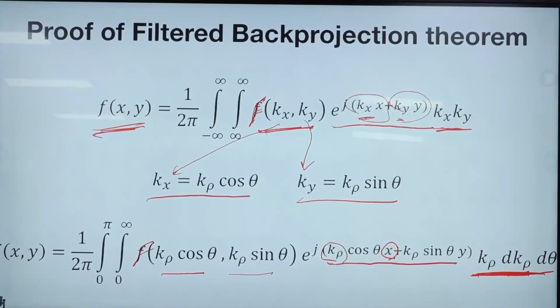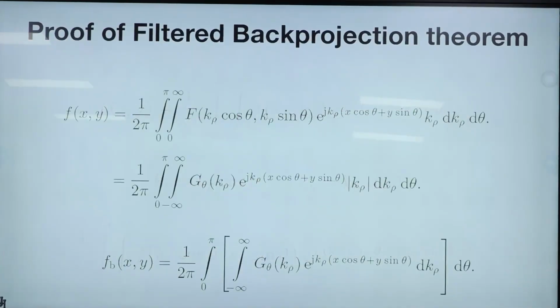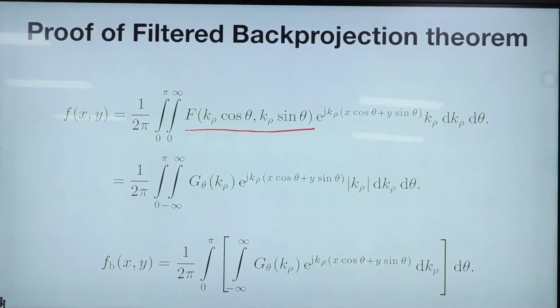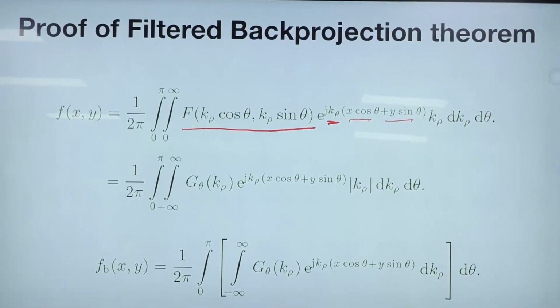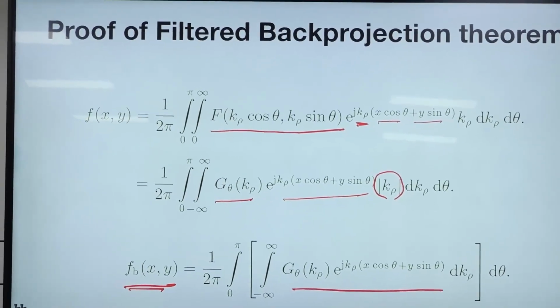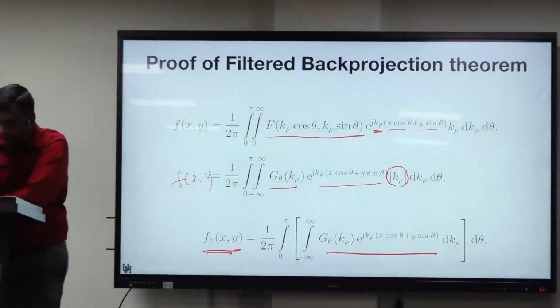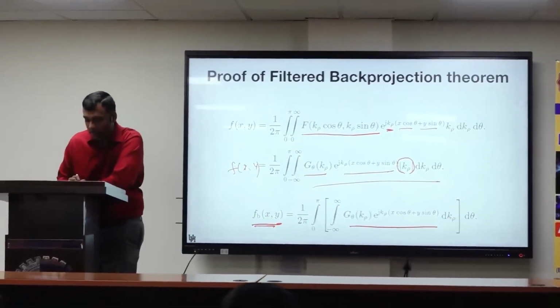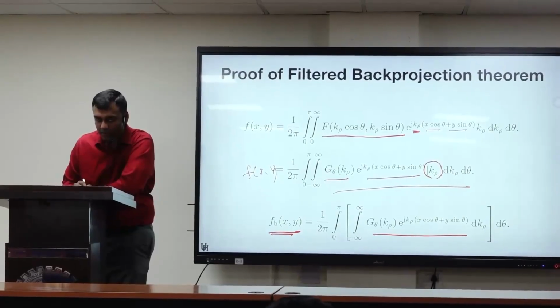So if you do this, you look at this equation. This is essentially the same as F of k rho cos theta, k rho sin theta, and I've taken the k rho outside, times x cos theta plus y sin theta. I'm just rearranging some terms. So FB is this equation, f of x comma y is this equation. What is the difference between these two equations?